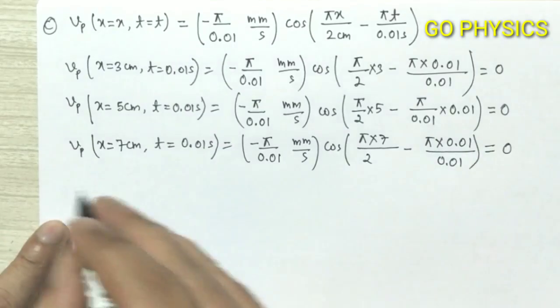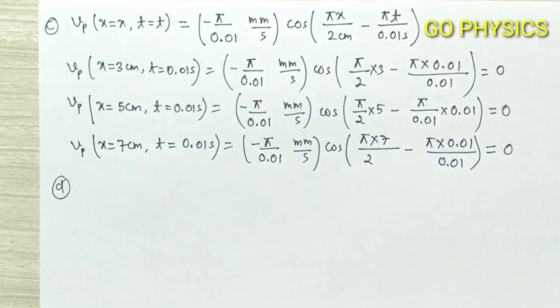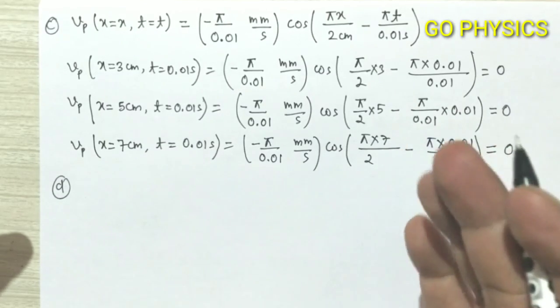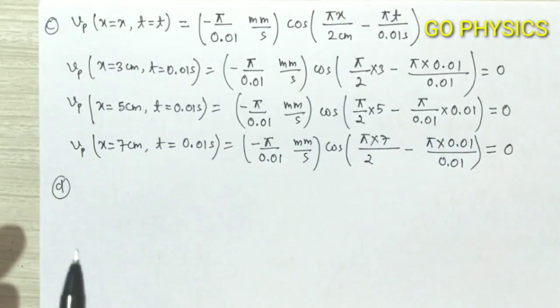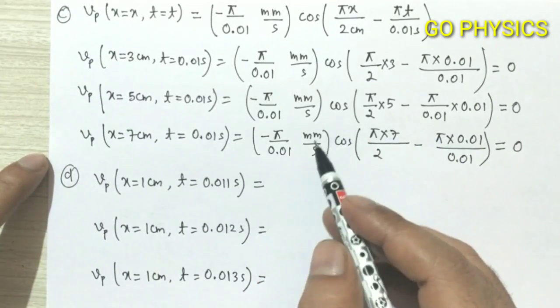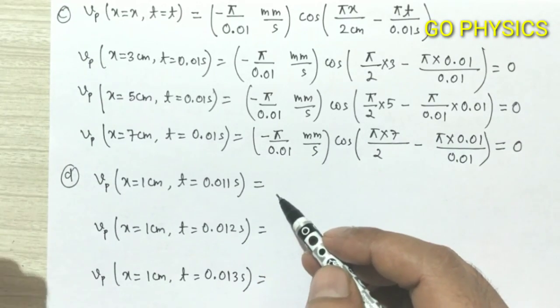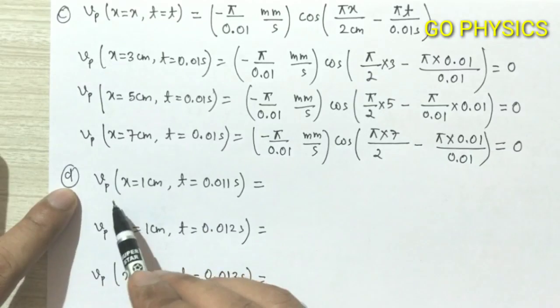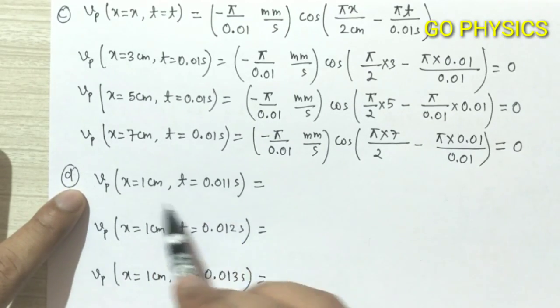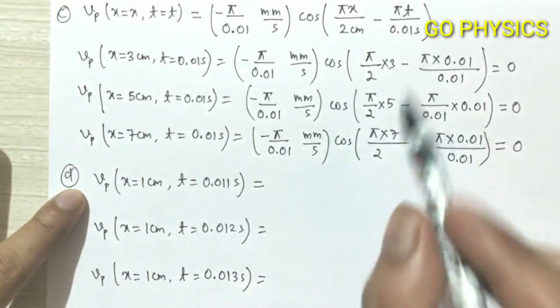Now see the D part of the question. What are the speeds of the particle at x equal to 1 centimeter at different times? In the D part we are looking at a single particle at different times and finding different speeds. So for the first part, at x equal to 1 centimeter and the given time, we will substitute these values in the general equation we got earlier.